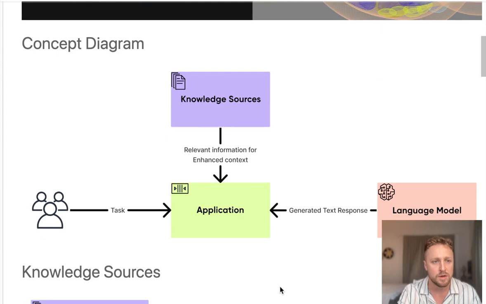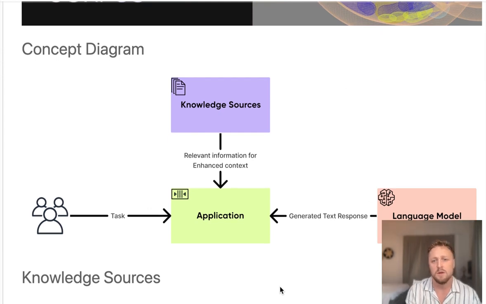I would like to start with a concept diagram. First of all, we have knowledge sources. It is one of the main parts, where we get relevant information about the question and enhance the context. Also, we have a large language model here. It can be an open source large language model like Falcon, like Llama 2, and others.